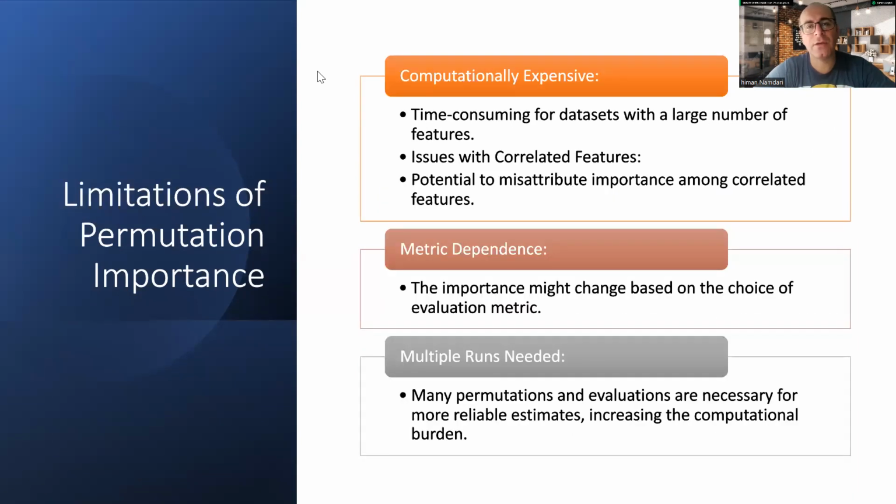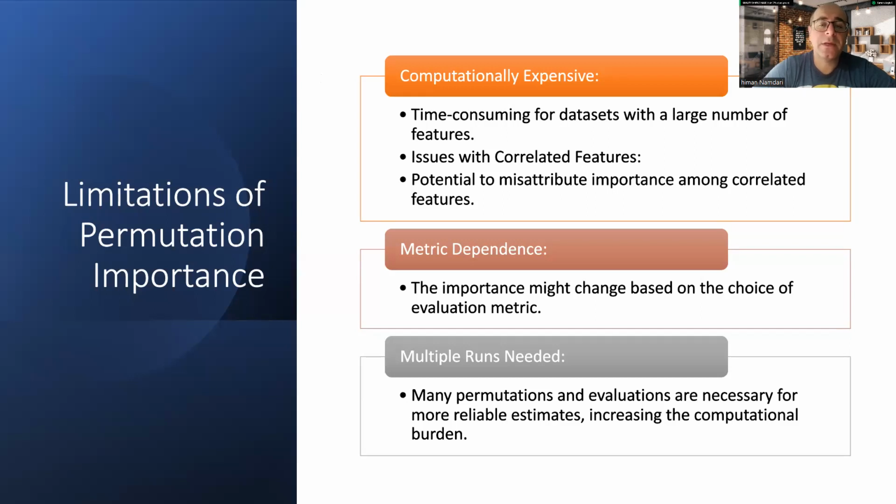There are some limitations, obviously, with this method. It's computationally expensive. When you have a large amount of data, it's going to be challenging. There will also be some issues with correlated features. The reason is that it's going to bias the feature importance if you have features that are highly correlated, and it has the potential to misattribute the importance among correlated features.